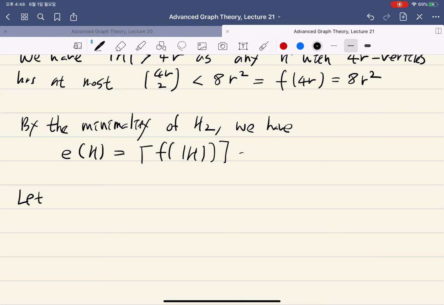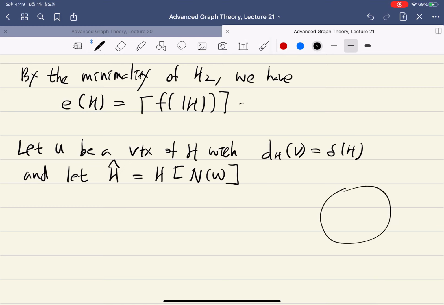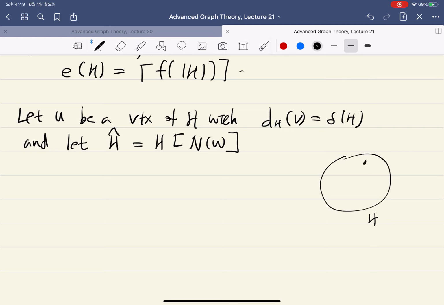And moreover, let U be a vertex of H with minimum degree. And let H hat be again, we do this one more time. We have H and we take U, which is a minimum degree vertex, and then the graph induced by its neighbors as H hat. Then this is the graph that we will finally use.